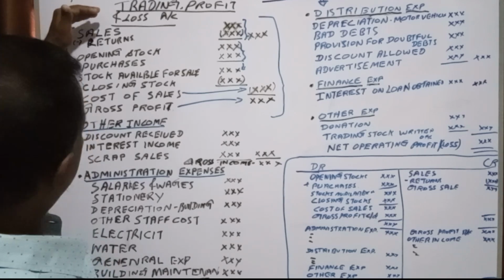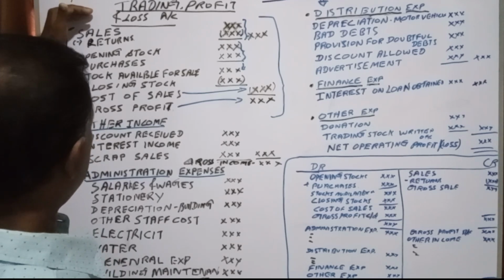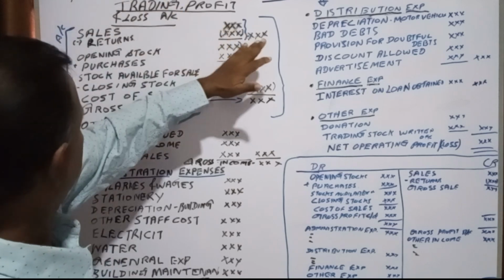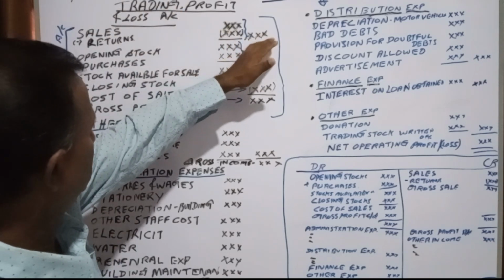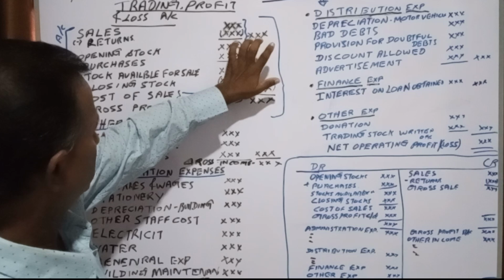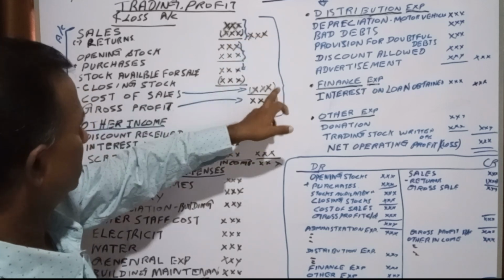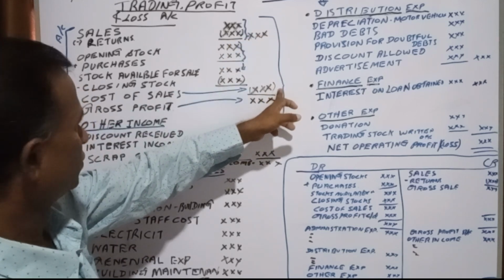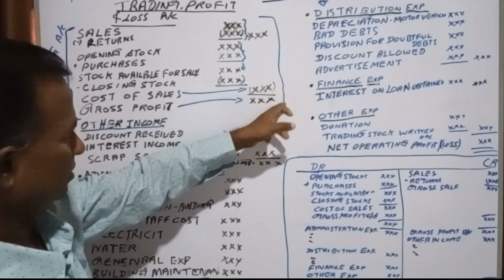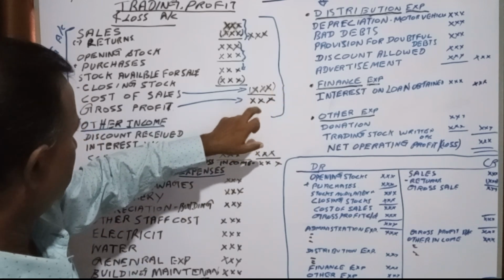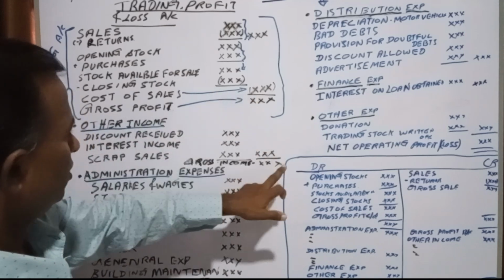First of all, we are preparing the trading account, that is sales. From the sales, we are deducting sales returns, then gross sales is coming there, and then we are calculating the cost of sales. We are deducting the cost of sales, then we are arriving at the gross profit.